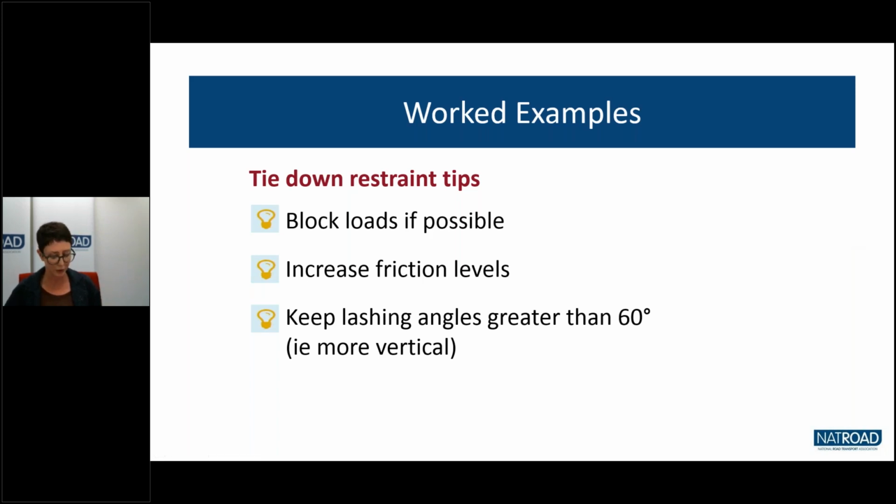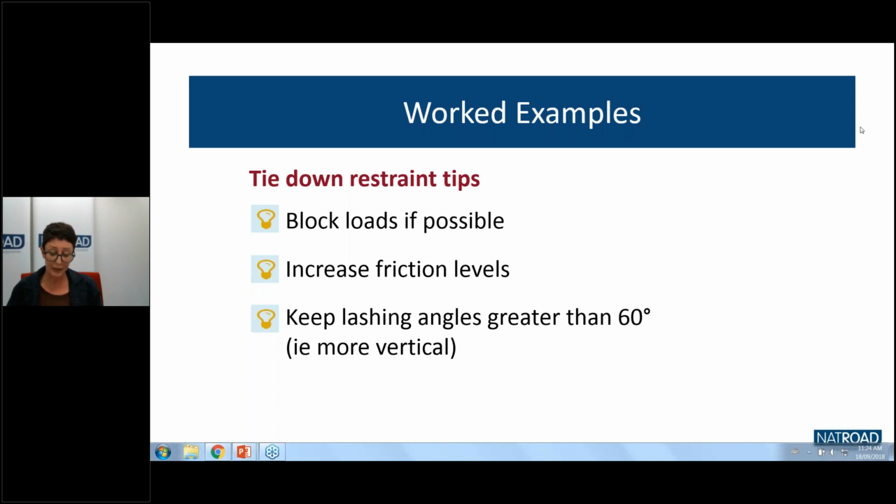That's a lot more straps. The other thing you can look at doing is increasing your friction levels by using rubber loading mat. And as I mentioned already, try to keep those lashing angles greater than 60 degrees, so more vertical.